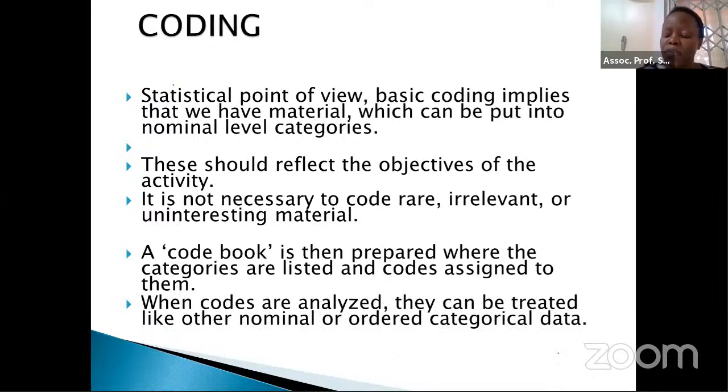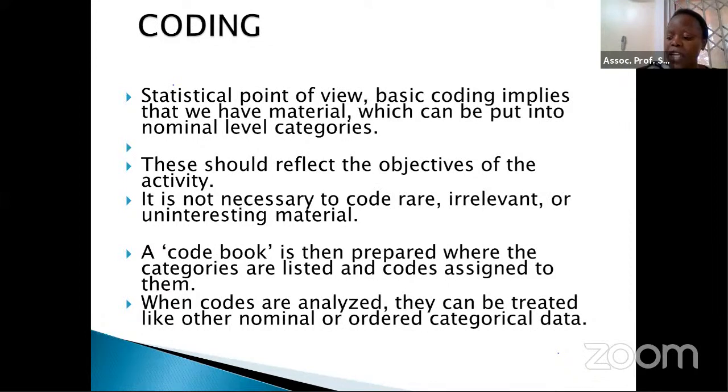Why do we code? Before I show you how to write the questionnaire, we code because we want to transform our nominal and ordinal categorical data into numerical information that can easily be analyzed by the software. But those codes do not have any meaning.